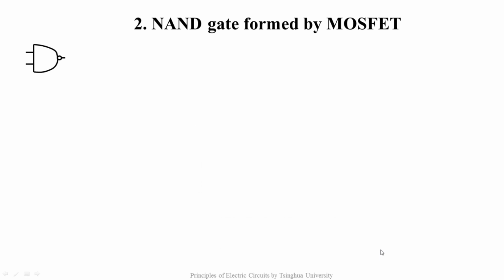The second basic logic gate is the NAND gate formed by the MOSFET. That is a NAND gate symbol. If its inputs are A and B, the output is Y. Its logic expression is Y equals NOT (A AND B).